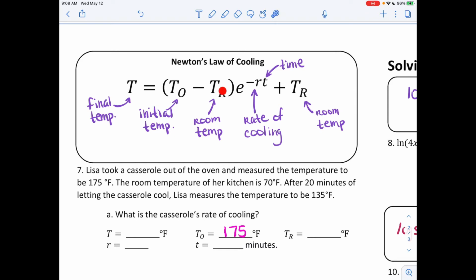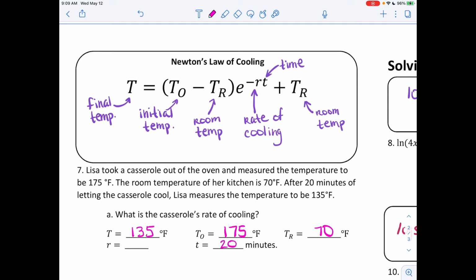Room temperature, T with a subscript of R. So let's fill that in as 70. After 20 minutes of letting the casserole cool, that sounds like time to me, 20 minutes, Lisa measures the temperature to be 135. So after that amount of time has passed, our final temperature after 20 minutes is 135 degrees.